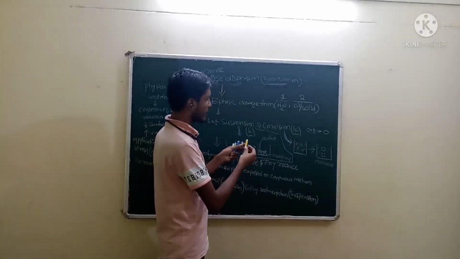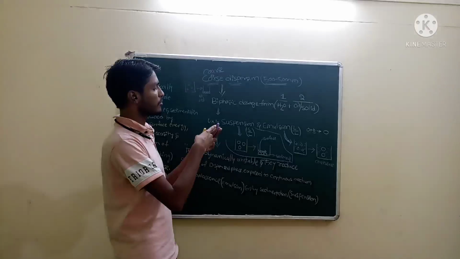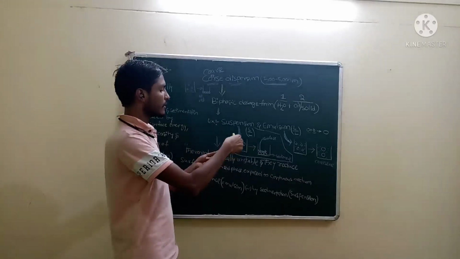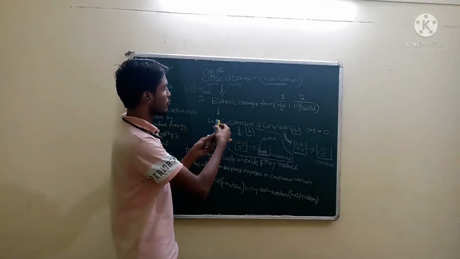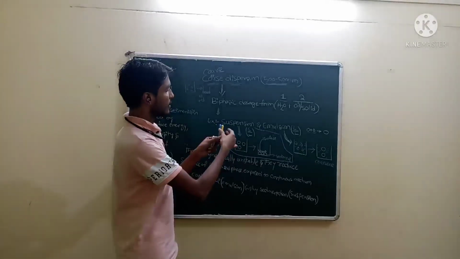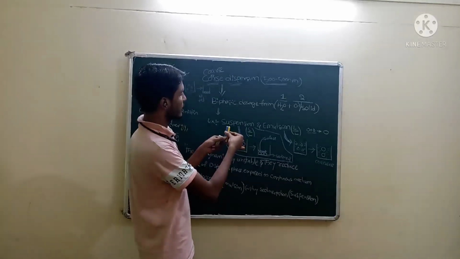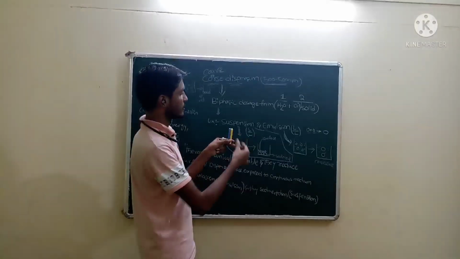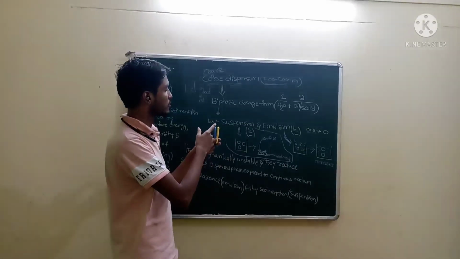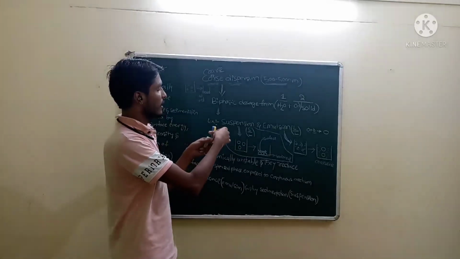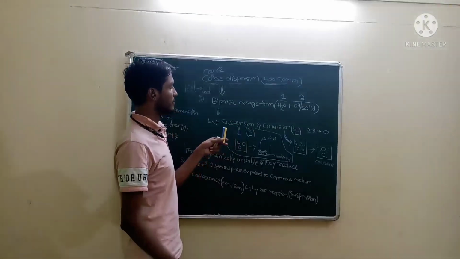See, this particle surface, this particle surface, this particle surface, this is the total. When I combine the two particles, there is a reduction of surface area. The surface present between these two particles is merged.